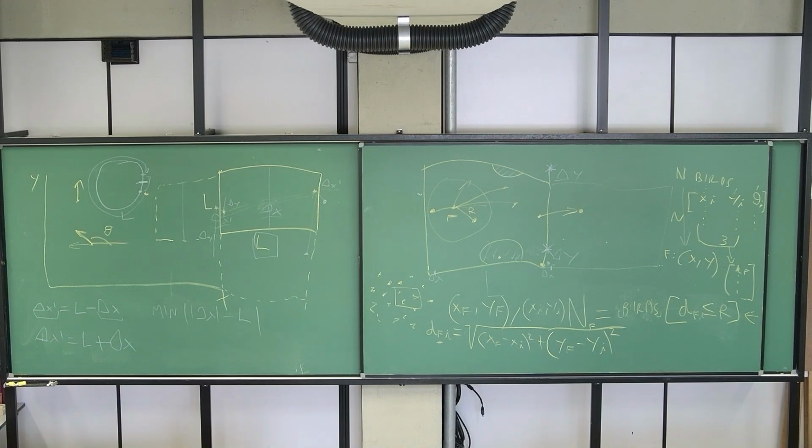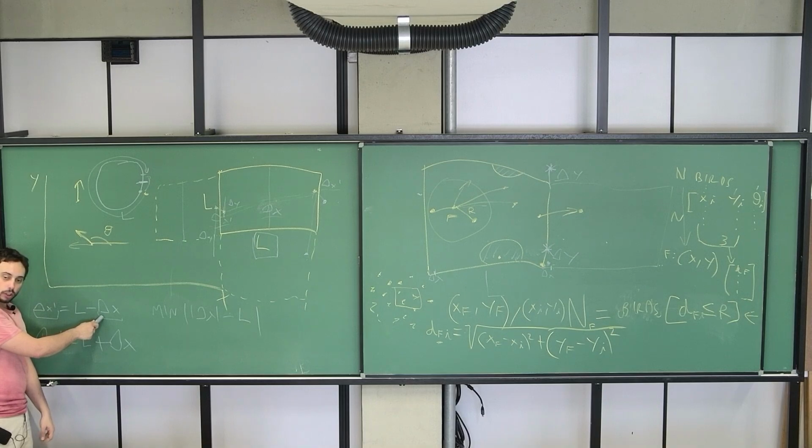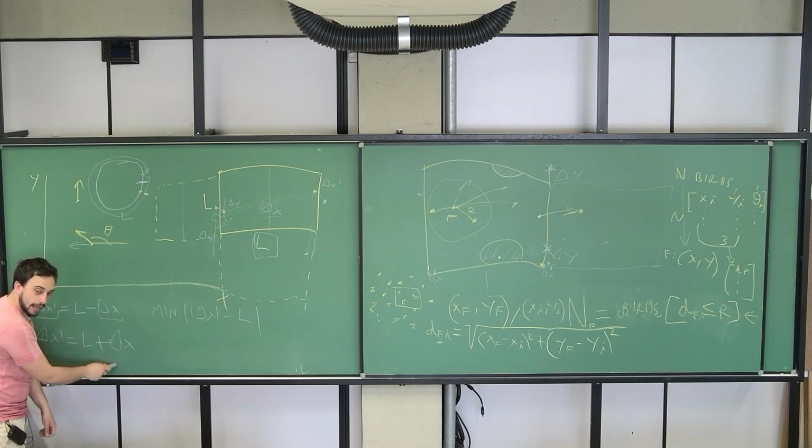I think that this can be further simplified. That seems a little hairy. But what you can do is realize that you write this down when delta x is positive, and you write this down when delta x is negative.